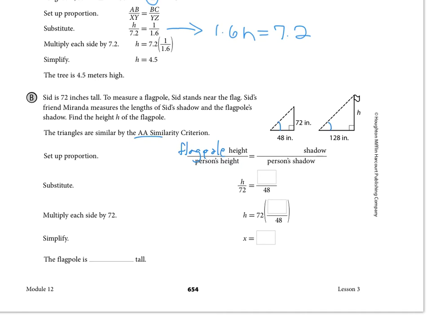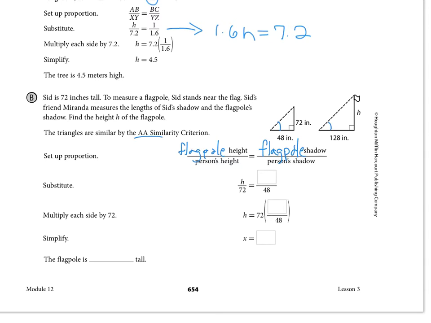So we're doing heights of vertical on the left-hand side of the fraction. And then again, we started with the flagpole in the numerator, so we want to do the flagpole shadow over on the right-hand side. The right-hand side ratio is the ratio of the horizontal distances, or the shadows. And again, we're going flagpole to person.